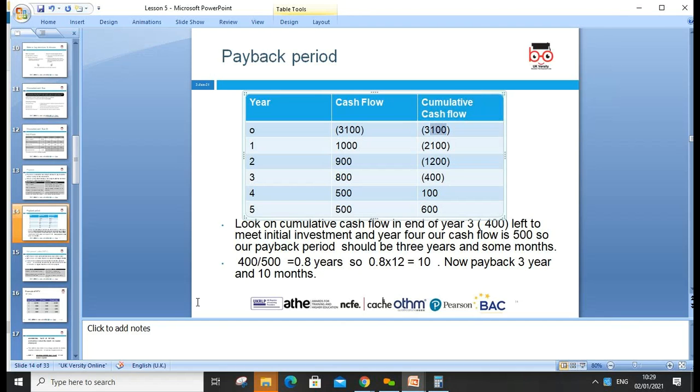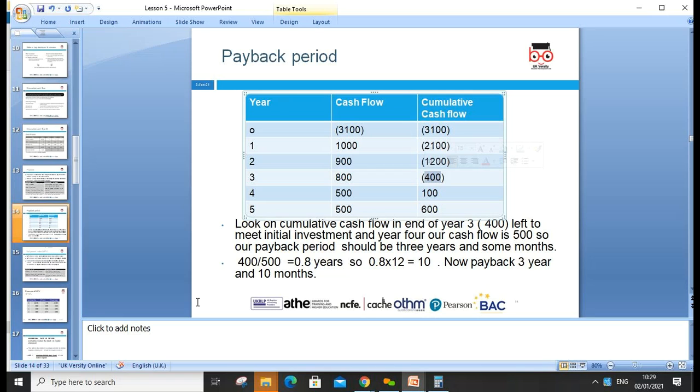You invested 3100, you got 1000, so outstanding amount minus inflow, what is the remaining? So 2100 is outstanding. End of year 2, you have 1200 outstanding. End of year 3, we have 400 outstanding.